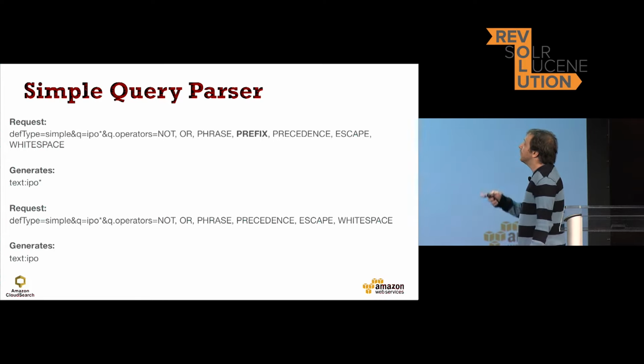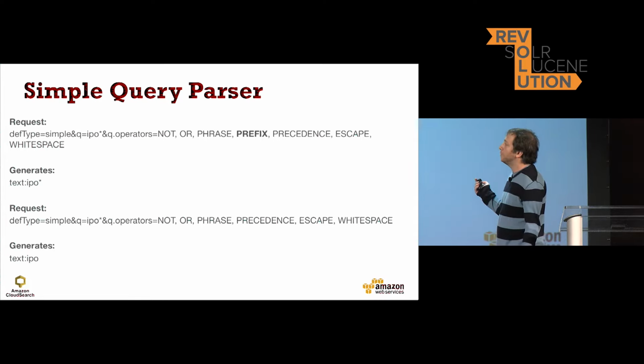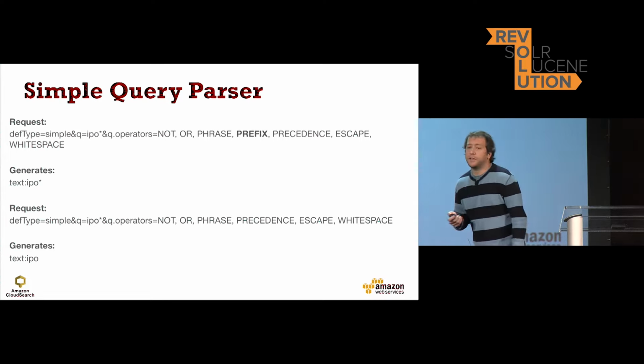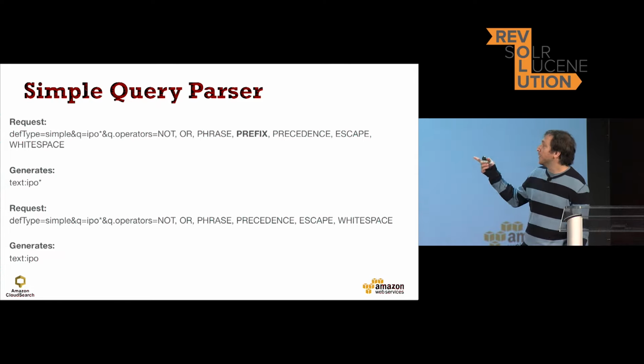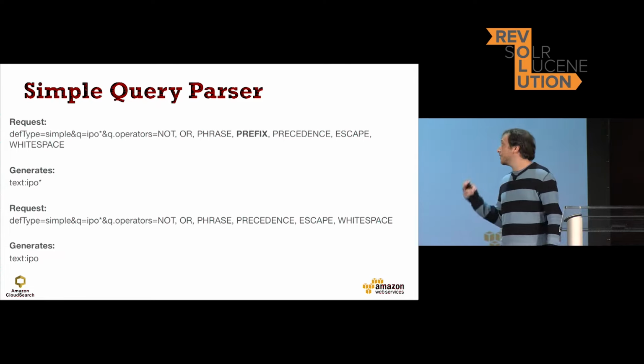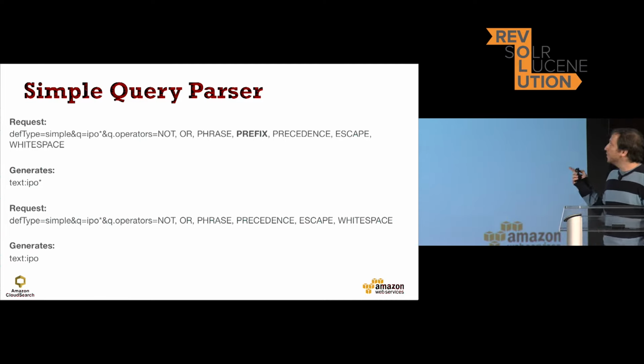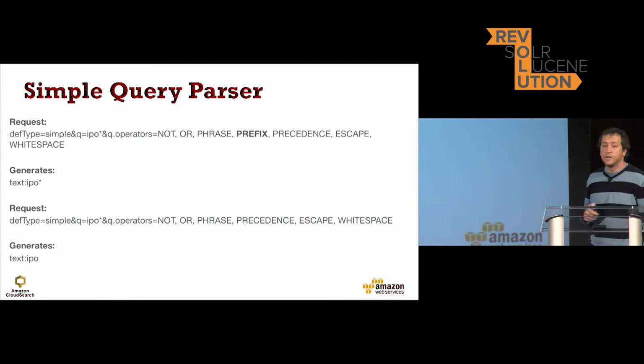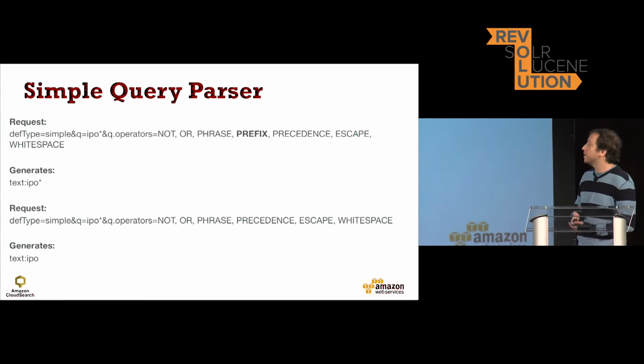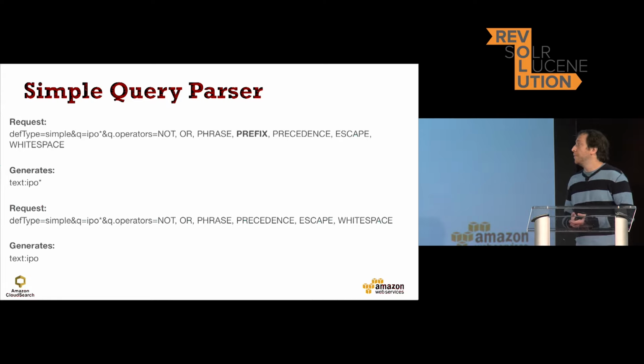In this case, I'm listing all the operators, so everything is supported, and the query generated is a prefix query, iPod star. However, in the second example, I remove the prefix from the list of operators, so the query generated is now a Boolean. It's just a term query for iPod.